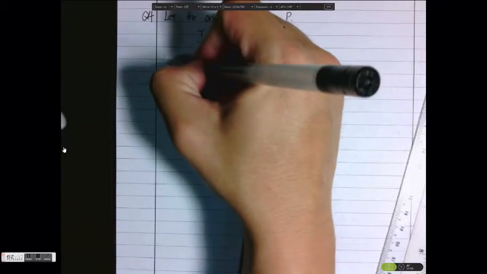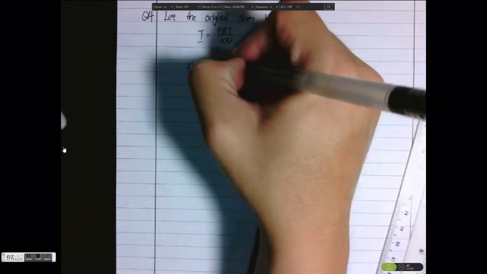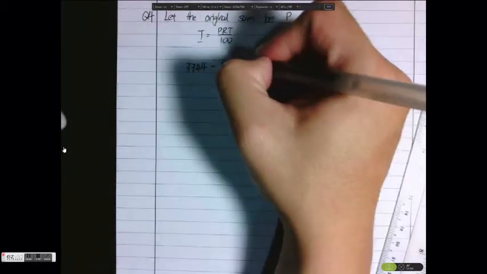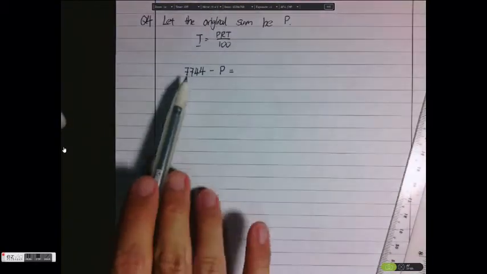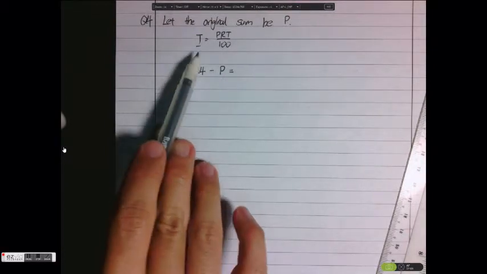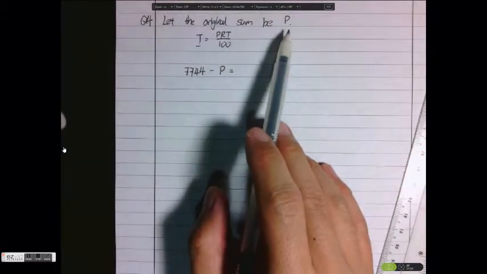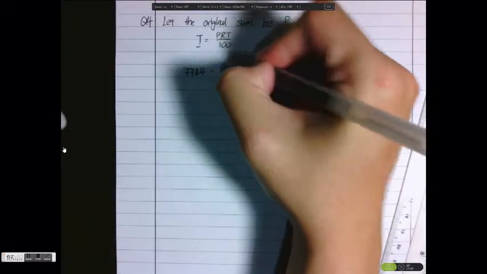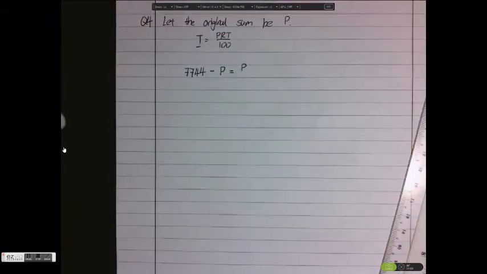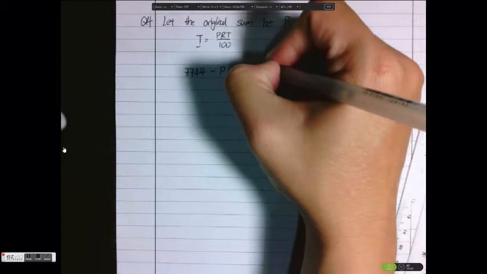So if my yield is 7744, I minus away the principal amount, which is P, and that equals my interest. So I take my final amount withdrawn, the yield, minus the principal sum, which is actually the interest. Notice that I cannot solve for P yet because I'm supposed to be solving for the original sum P. Then we have P, R, the rate of interest, which is 7%.